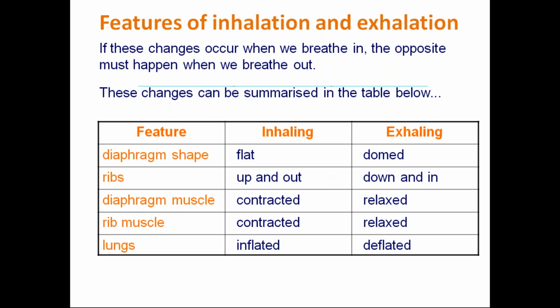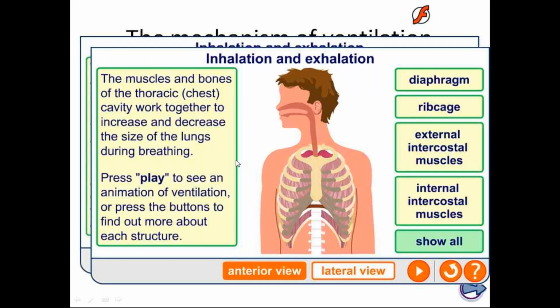When you inhale, your ribs are going up and out. When you exhale, they move down and inward. The diaphragm, when you inhale, becomes flattened, and when you exhale, it becomes dome shaped.